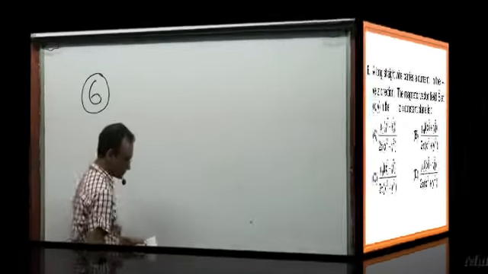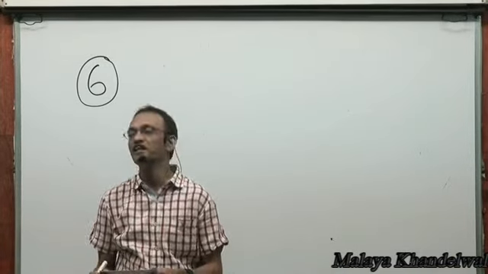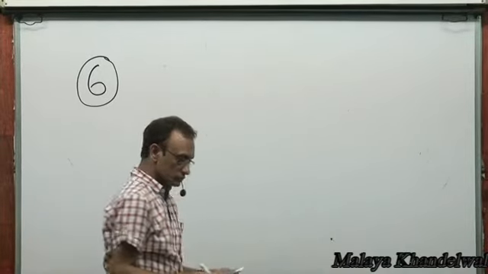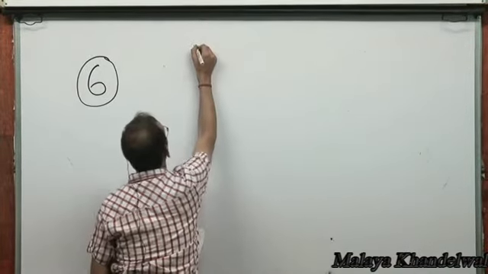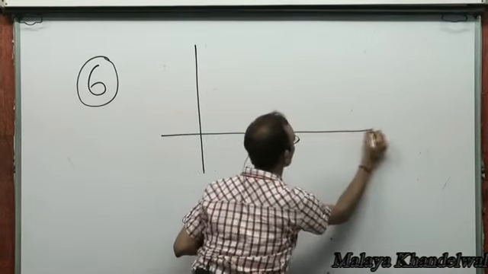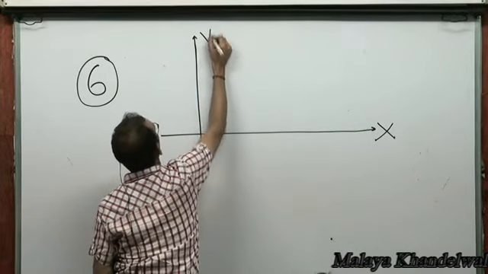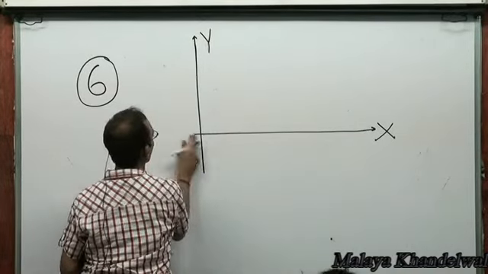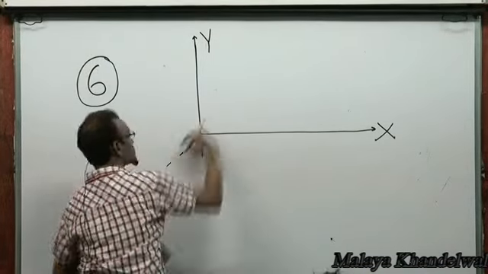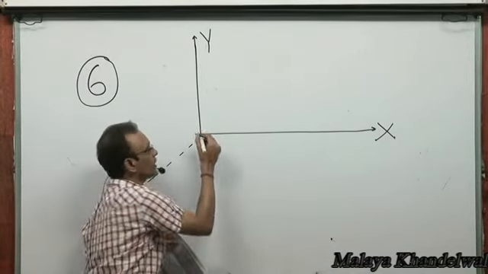Number 6. A long straight wire carries a current in the negative z direction. Okay? This is the plus z direction, negative z direction goes into the plane of the board, right?